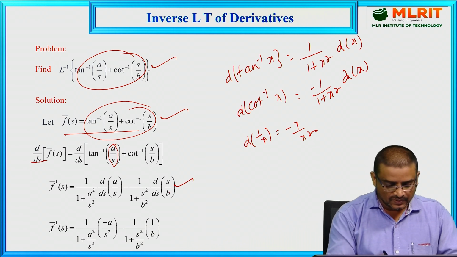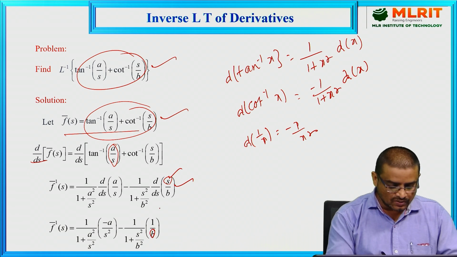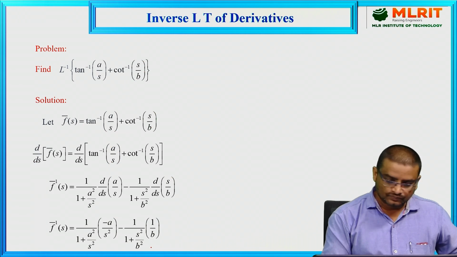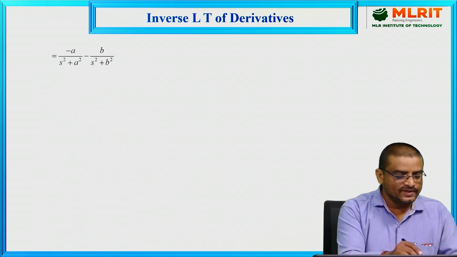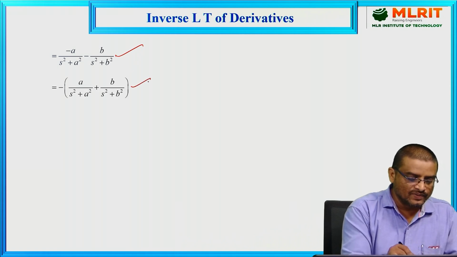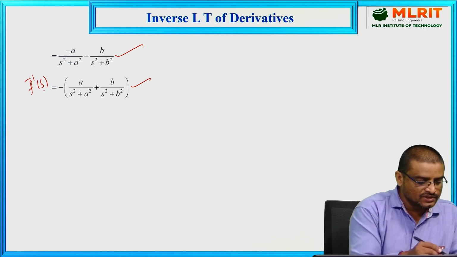Same here, the denominator is constant, so keep the denominator and apply the derivative only for s. The derivative of s with respect to s is 1, into 1 by b. Now simplify this, and you will get this value. Finally, take minus common from this. So this is our f bar dash of s.